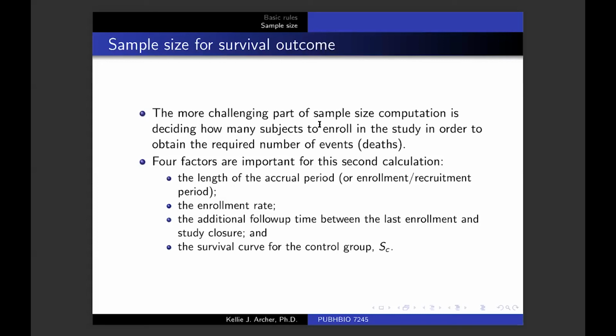Four factors are important for this second calculation. We need to consider the length of the accrual period, that is the length of the enrollment and recruitment period, the enrollment rate, the additional follow-up time between the last enrollment and study closure, and also the survival curve for the control group.